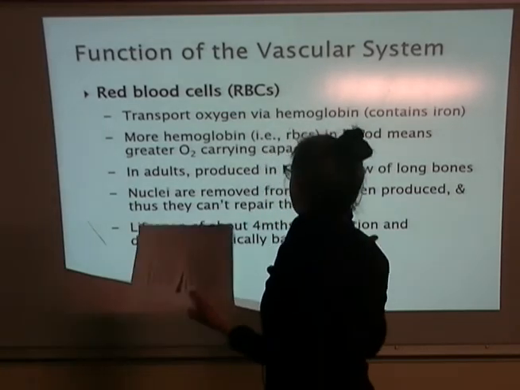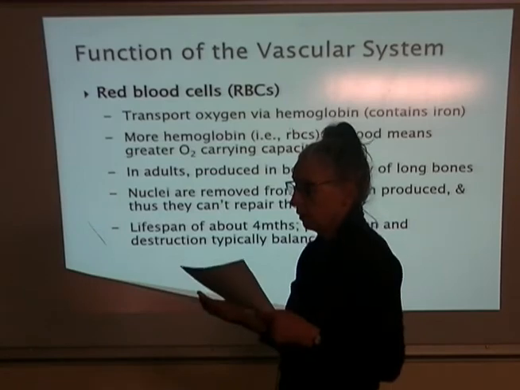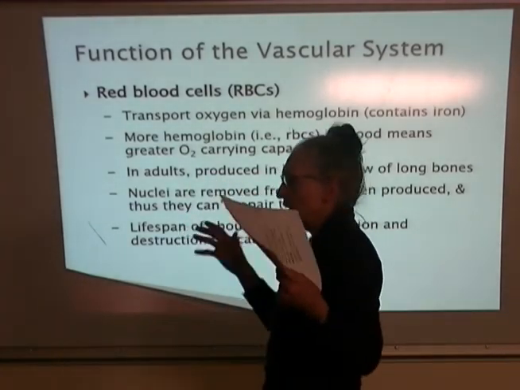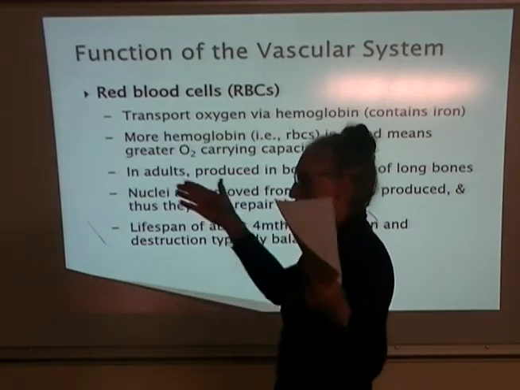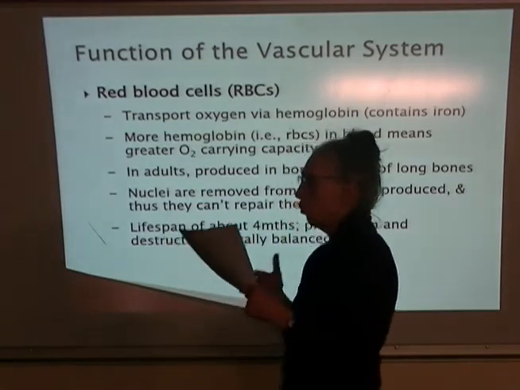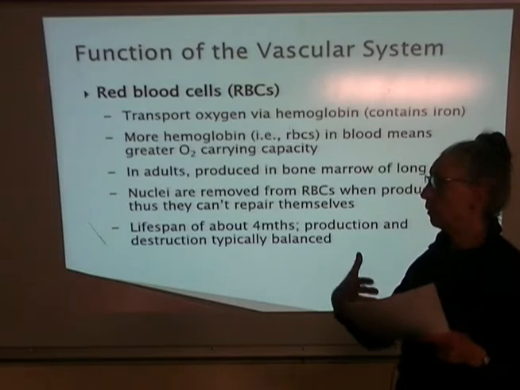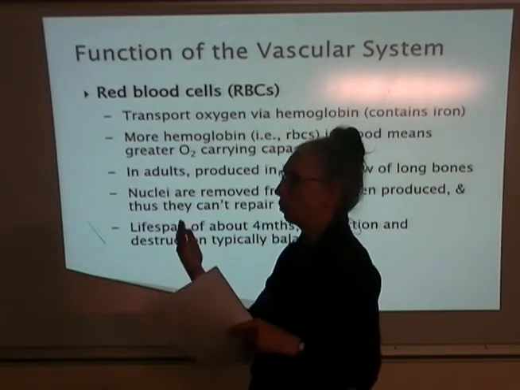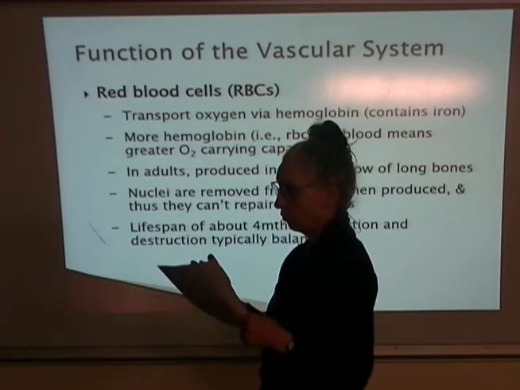Okay? So when we do aerobic training, after time, right, we're looking at a chronic effect, not on a day, okay? A training effect, we see an increase in plasma volume, and we see an increase in red blood cell count, right?